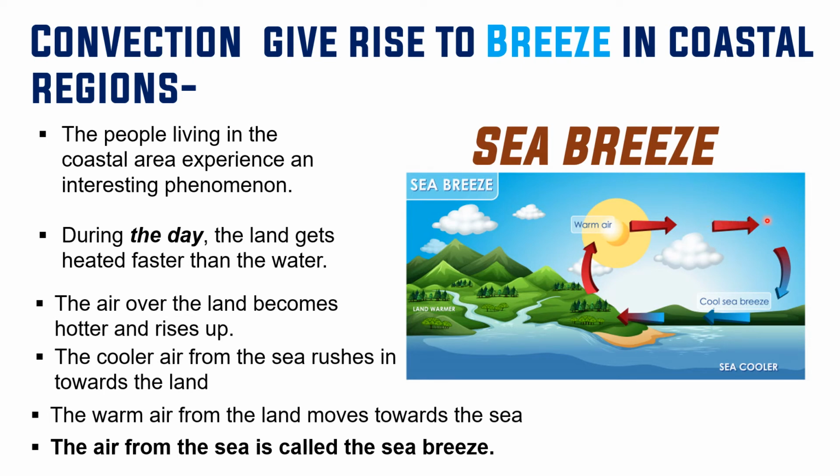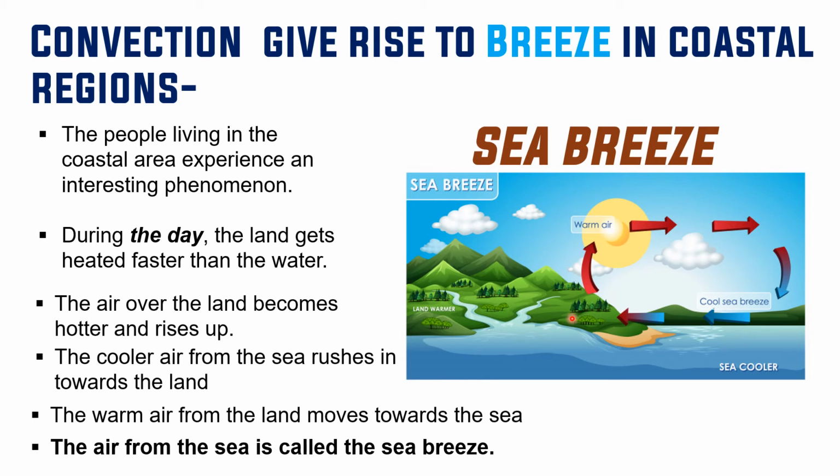When these particles move up, the cooler air from the sea rushes in towards the land. Where the particles moved up, there are no particles, so the heavier, colder particles from the sea come to this place.